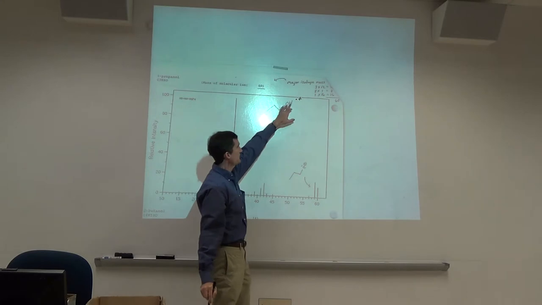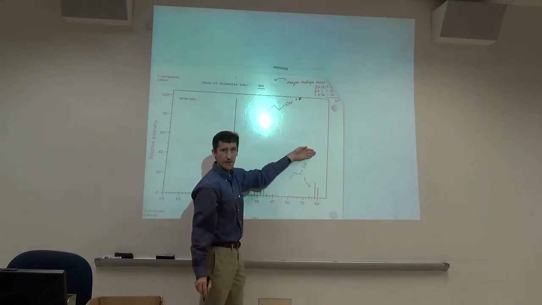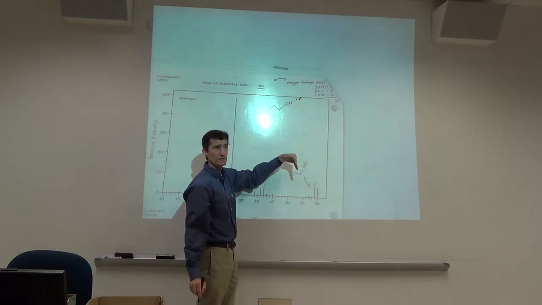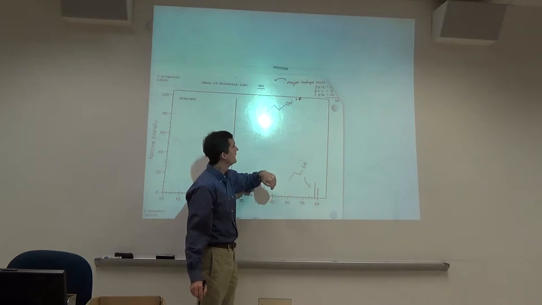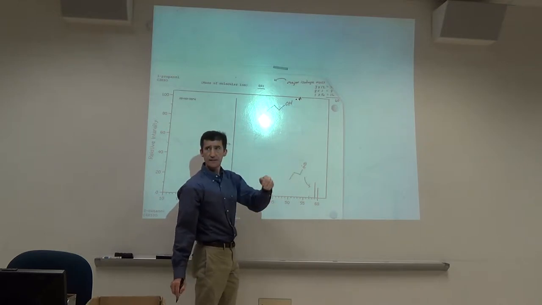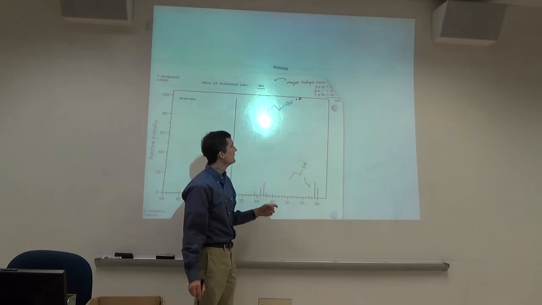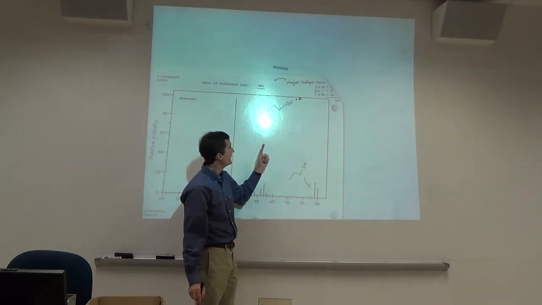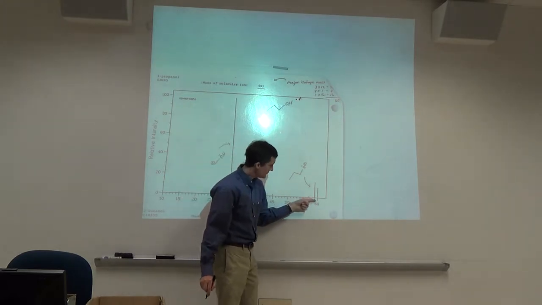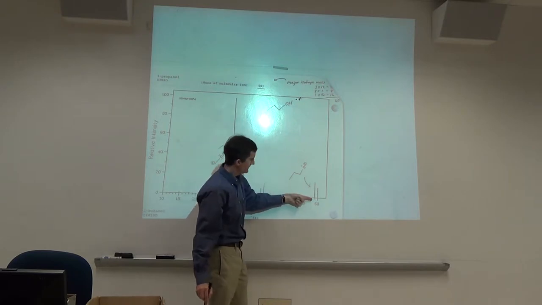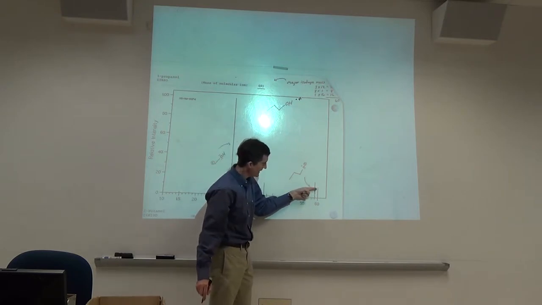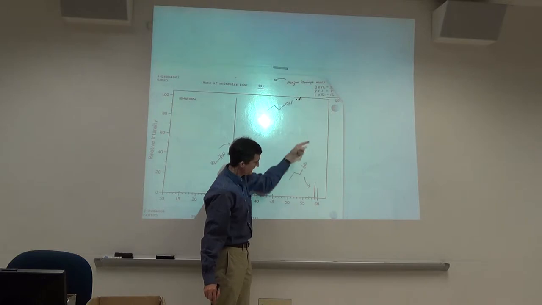Once it becomes a radical cation, we can send it to the magnetic field, and it will be deflected. Once it's deflected, it can hit a detector, and we can get a signal. But right here, where it says 60, this is the signal for that radical cation being deflected.